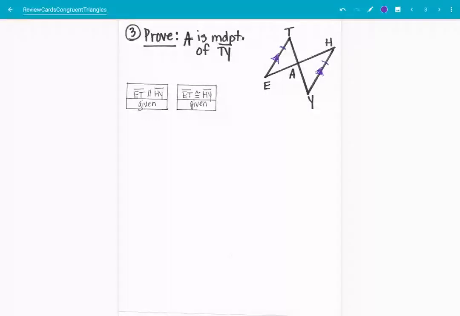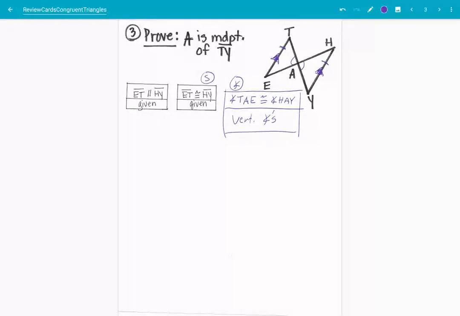Now I can see that these are vertical angles, so I'm going to say that angle TAE is congruent to angle HAY. And those are vertical angles. So now I've got a pair of angles and a pair of sides.